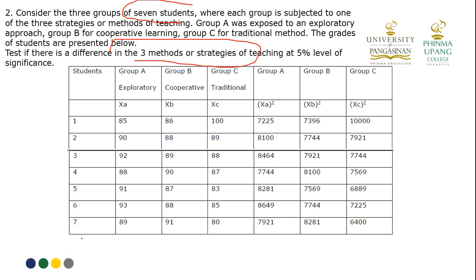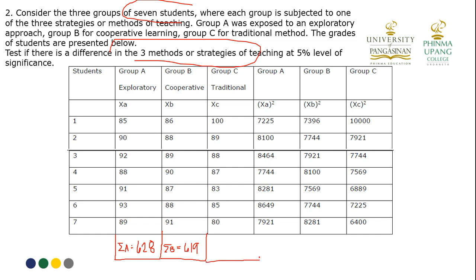So, total na natin. What is the summation of our A? Kunin nyo na yung summation. Summation 628. Wait lang kasi ang hirap magsulat kapag maliit lang. Okay. Next, ito naman. 619.